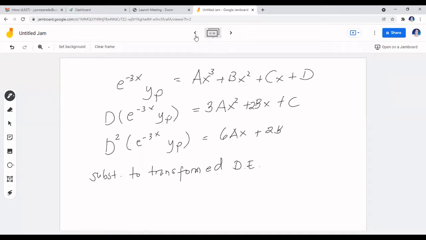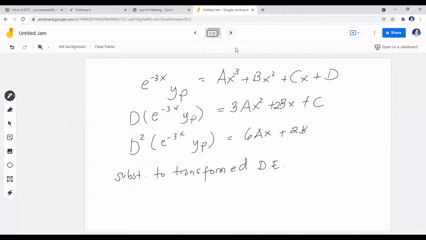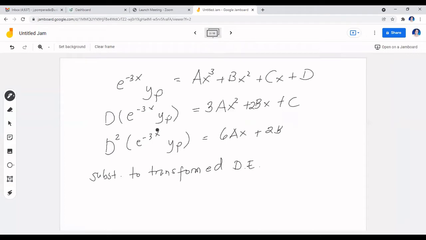Now, since in your transformed DE, you have the second derivative and you have the first derivative, you are to differentiate both sides of this equation. So whatever variable is present on it. So the derivative of your new unknown function is equal to, you differentiate this. Of course, you know how to differentiate, so this will be your answer. Differentiating again, this will be the answer.